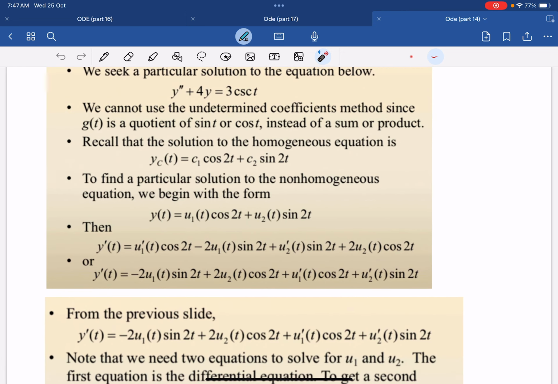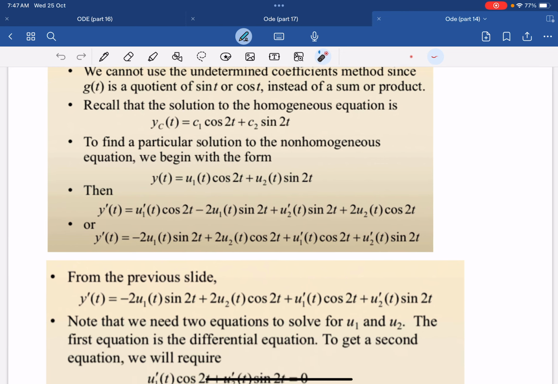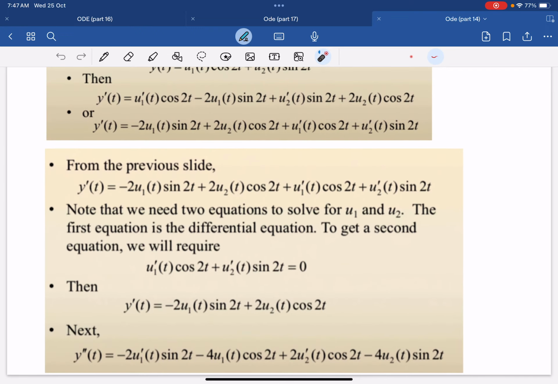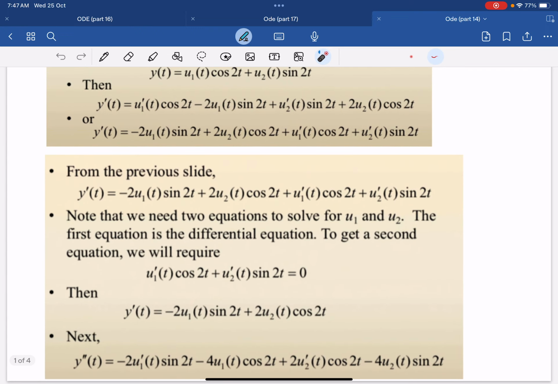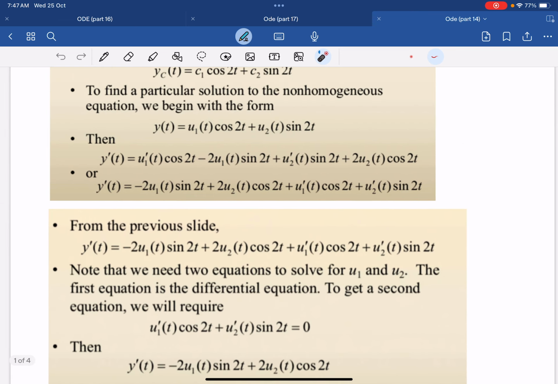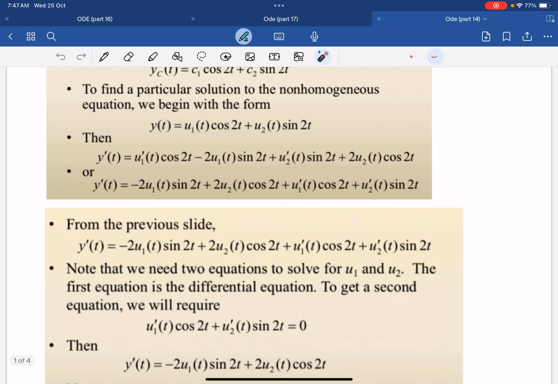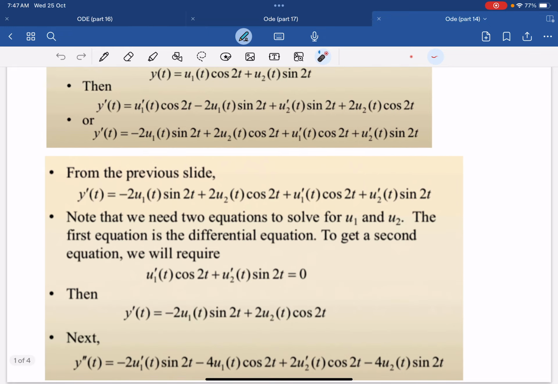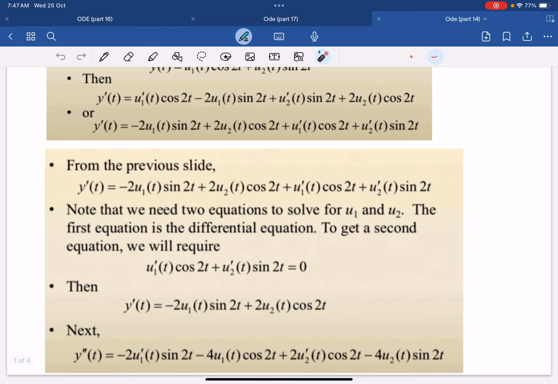But in this case now, what we want to do is multiply a function of t to the fundamental set of solutions for the homogeneous case, and then we sub it in, and we actually are able to note that we need two equations to solve for this u1 and u2. So we need another equation in order to solve for it.